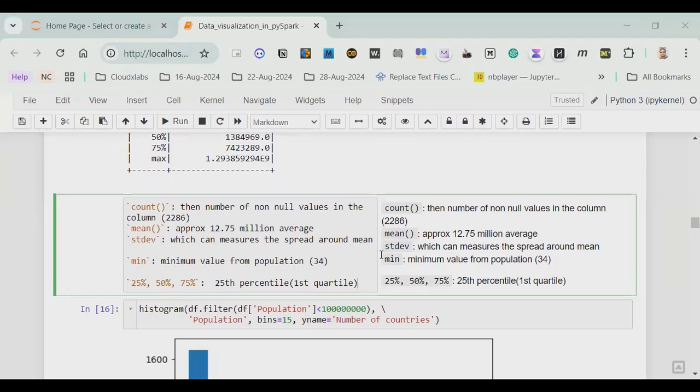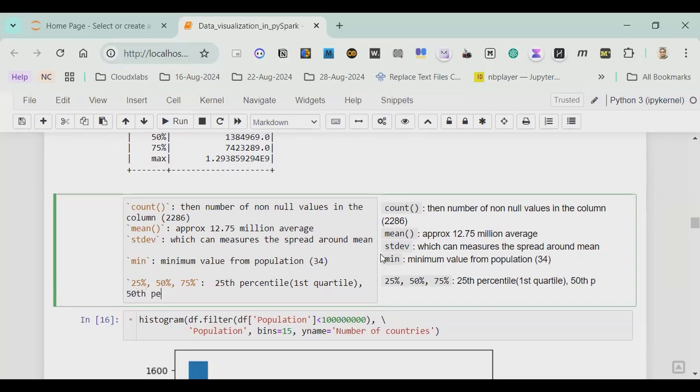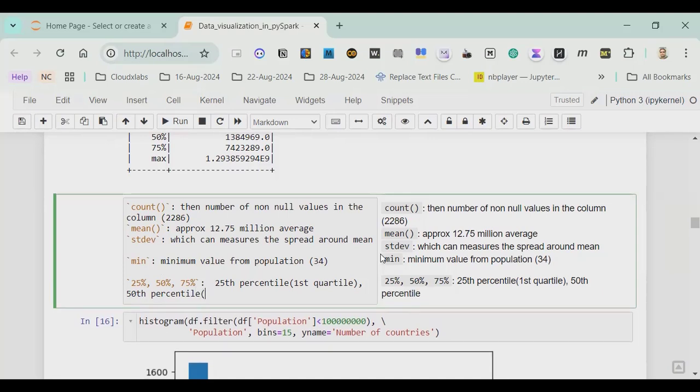More specifically, this is the 50th percentile, one option, and the second option is the median. It's not only a percentile, it also provides the median.